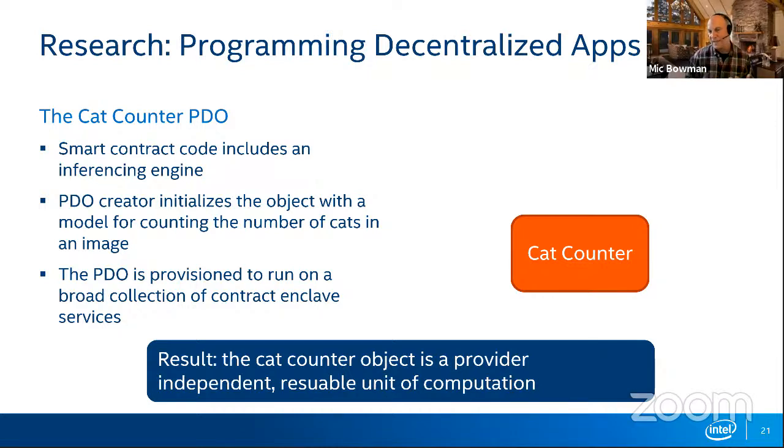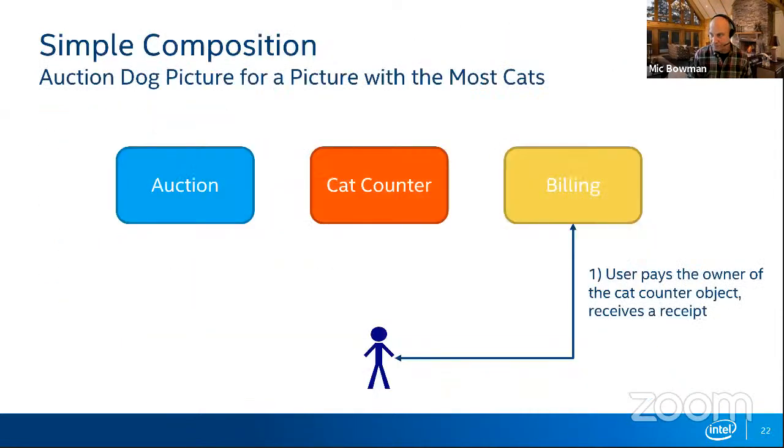So some really nice properties of this thing. It's reusable, it's serverless, and yet at the same time, it's not just giving you bytes, it has behavior with it, which means that, for example, I could charge you every time you use it, so that if you want to invoke a method on it, you have to prove that you've paid for the right to invoke the method on it.